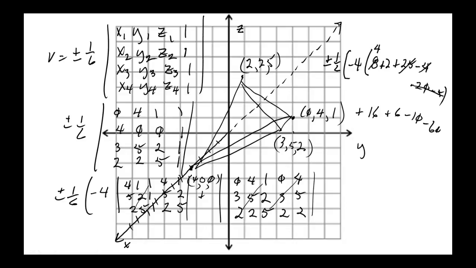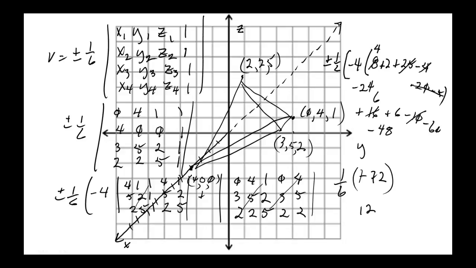So these two will make a 6. That's a 12 minus 60, which will be a minus 48. And up here we had a 6 minus 24. So add those together and you get a minus 72. And do 1/6 of that.